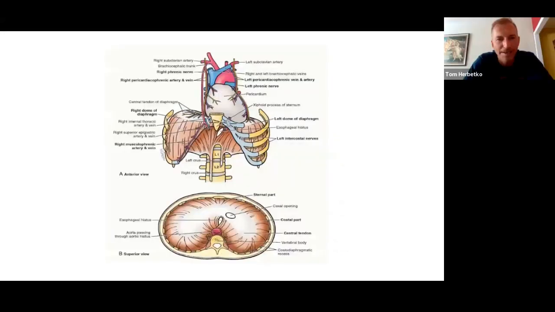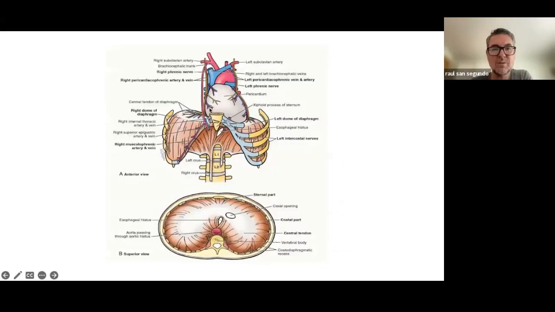Mm-hmm. Here we've got some important connections. We talked about it before and afterwards. Here we've got some strong connections with the heart, the pericardium. This is very important, because when you breathe in and breathe out, you move the heart.